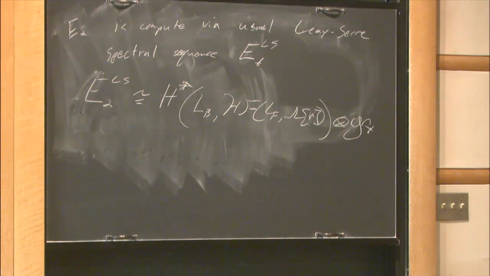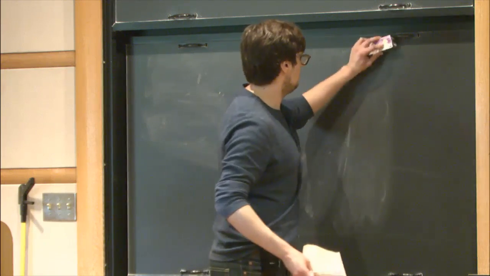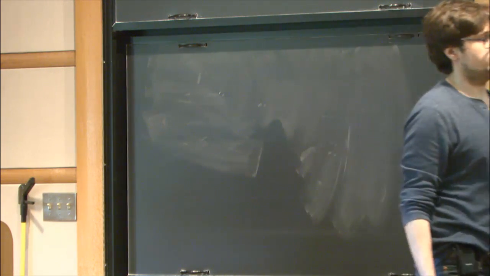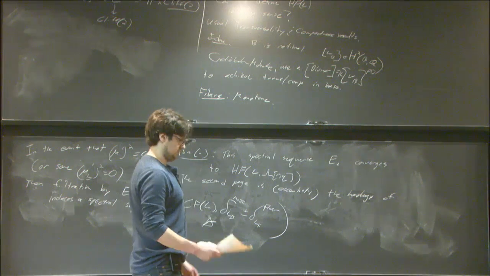Okay, so this is a lot. Essentially, I'm saying that I have a spectral sequence whose second page is computed via another spectral sequence. But in nice cases, it breaks down and you can compute some things.